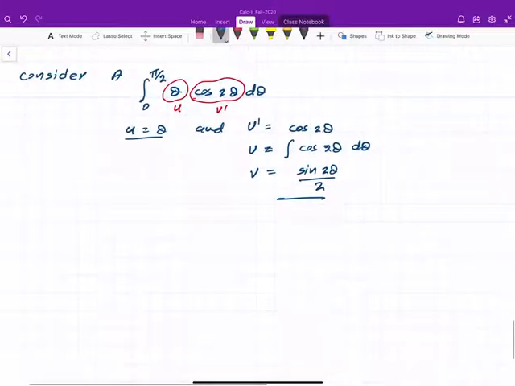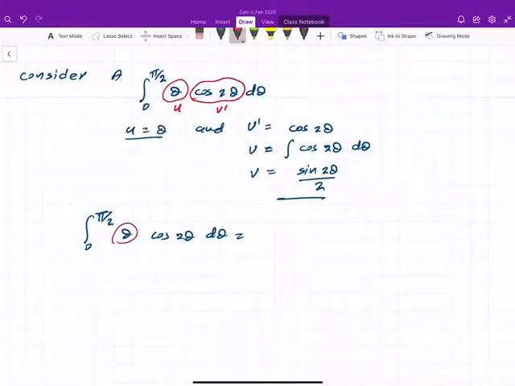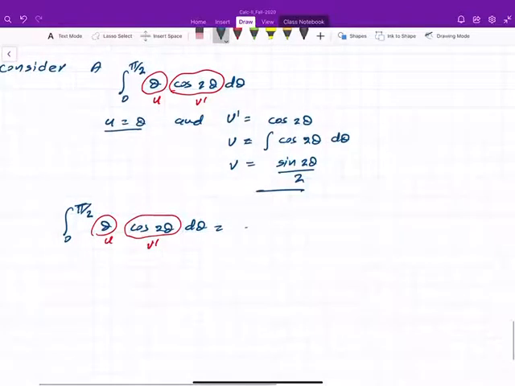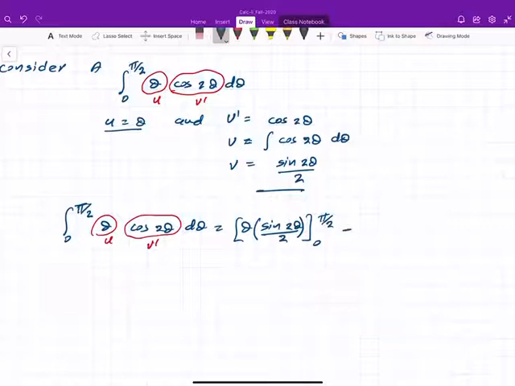Now let me use the formula one more time. That is the integration from 0 to pi over 2 of theta cos 2 theta d theta. This is u, that is v prime, equals u times v, that is theta times v, which is sine 2 theta over 2. The limits are from 0 to pi over 2, minus the integration from 0 to pi over 2. Let me mark the functions.